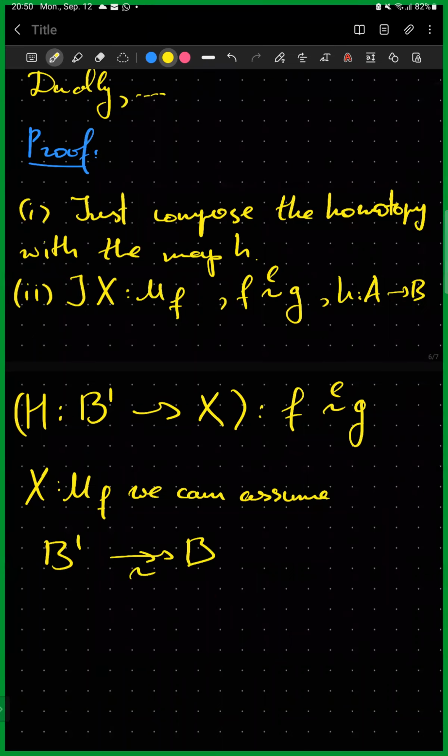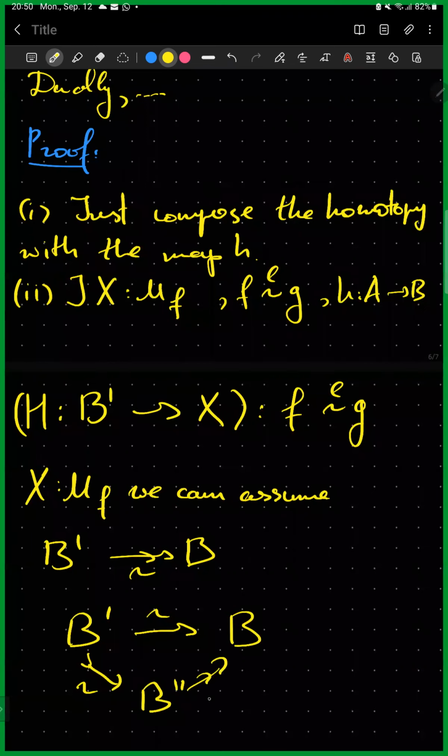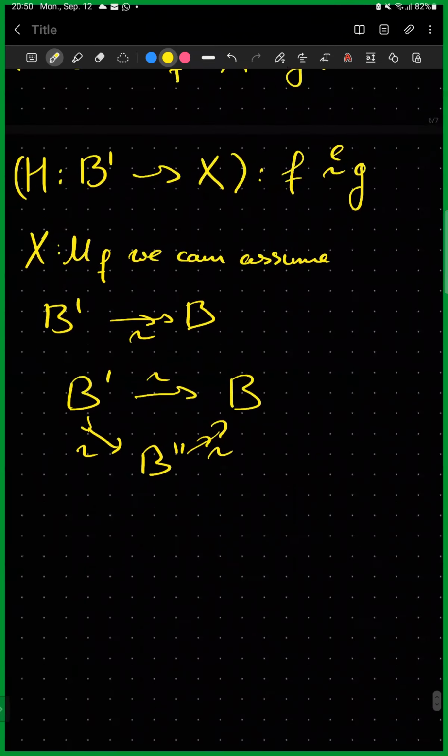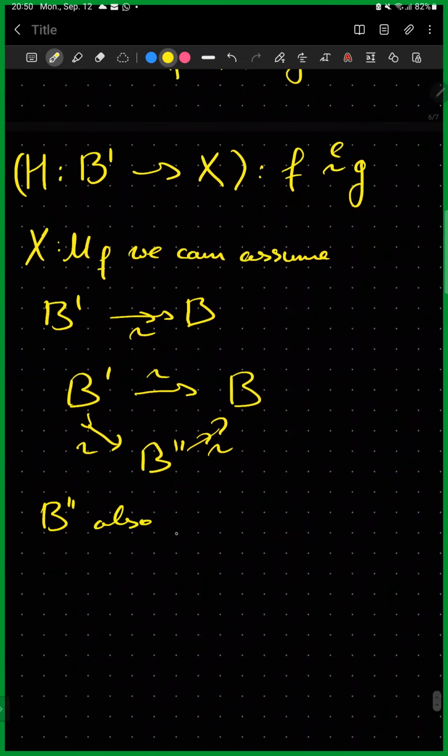Well, if we have just a weak equivalence from B prime to B, then we can decompose it as a trivial cofibration followed by a fibration, which is also trivial because of the two out of three property. And B double prime is thus also a cylinder for B.